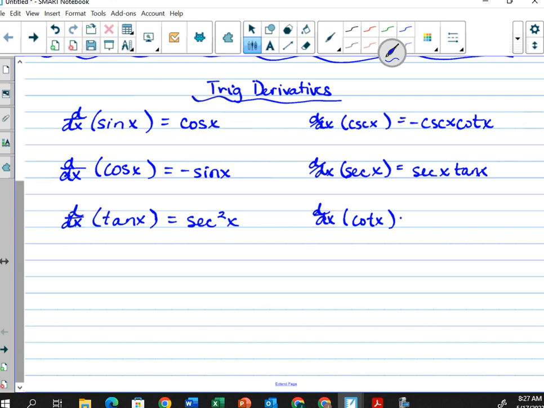Want to take a guess at that one? Negative cosecant squared x, yeah. So when there's a cosecant in the answer, it is negative.